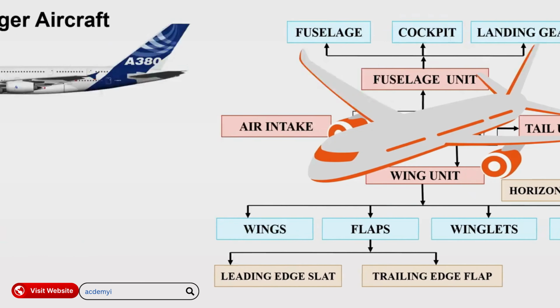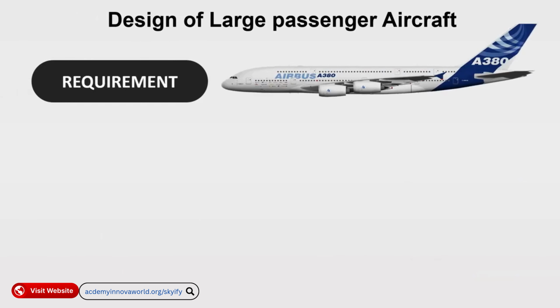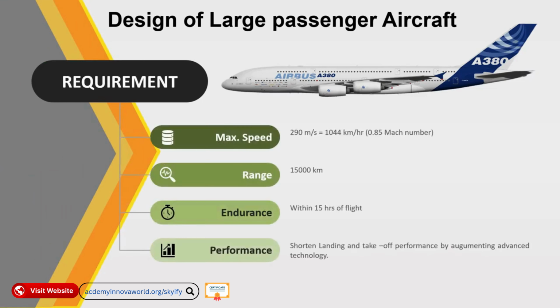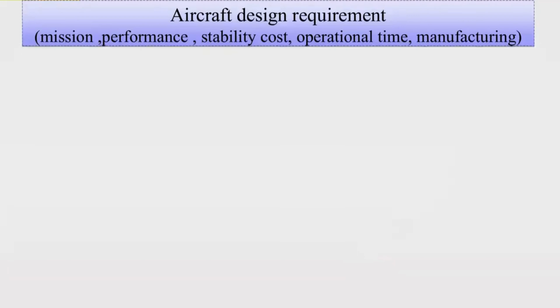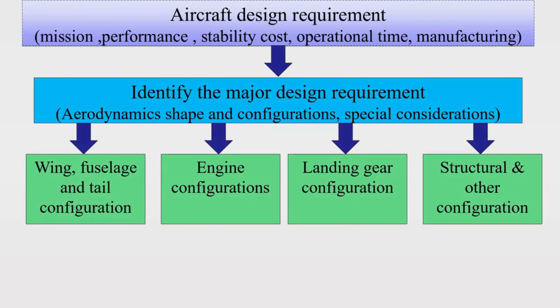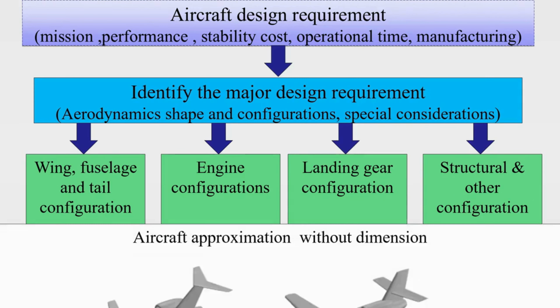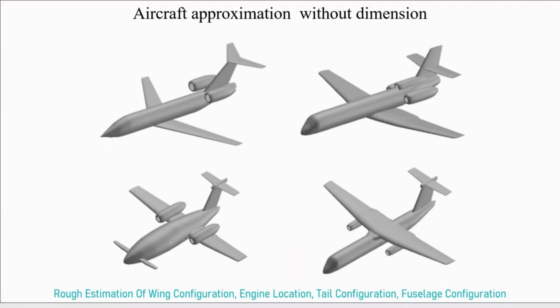For an example, if I am going to design a large passenger aircraft with a maximum speed of 290 meters per second, that is approximately 0.85 Mach number, range about 15,000 kilometers, possibly reducing the landing and takeoff distance by augmenting advanced technology. So in my design requirement, based on my required need, I have made 4 possible sketches based on my requirement criteria.